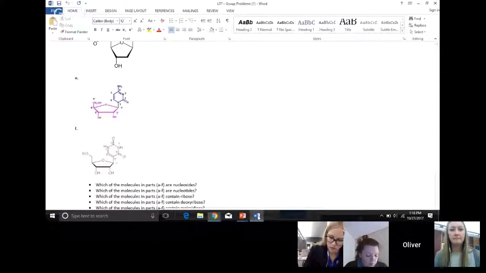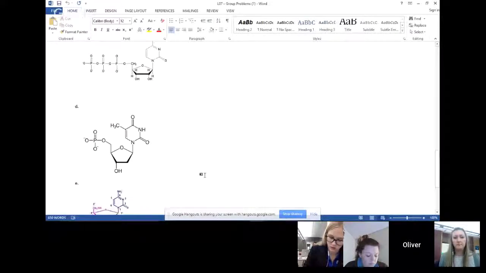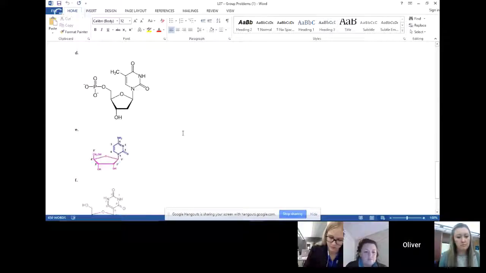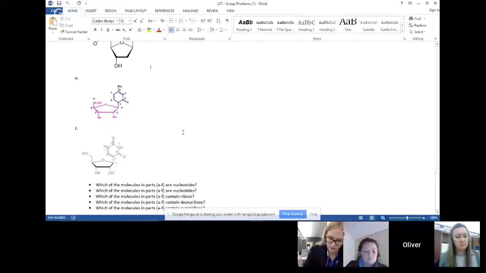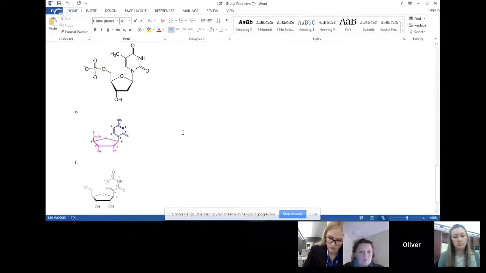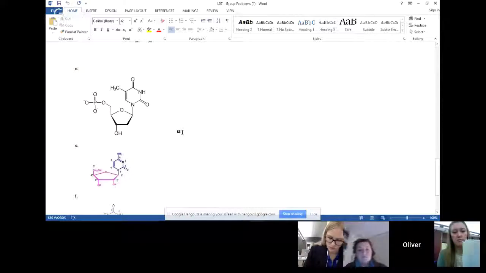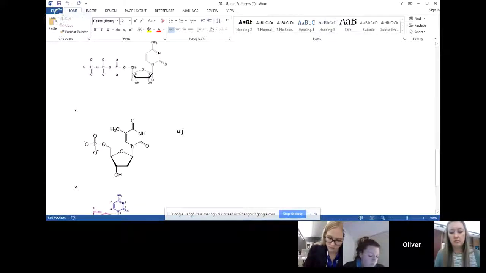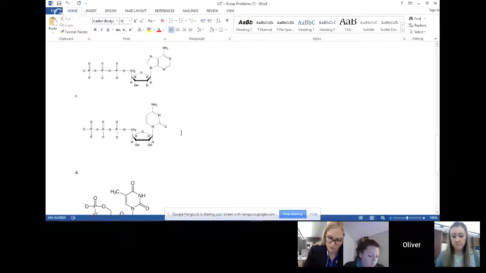All right. For number 5, the question concerns the structures of nucleosides and nucleotides. Consider the following molecules, A through F. So these are these guys here. Which of the following are nucleosides? So a nucleoside is a pentose sugar attached to a purine or pyrimidine, and just those two.